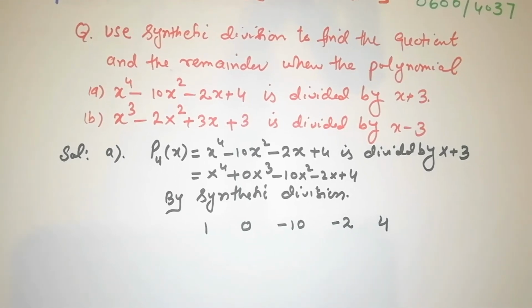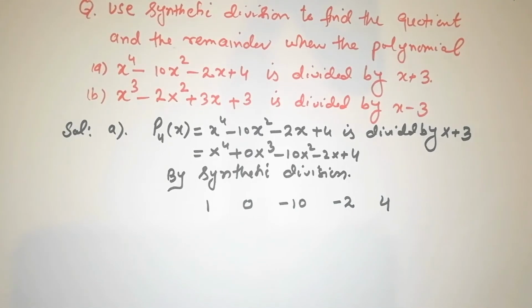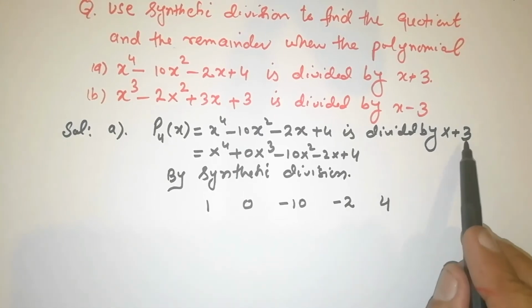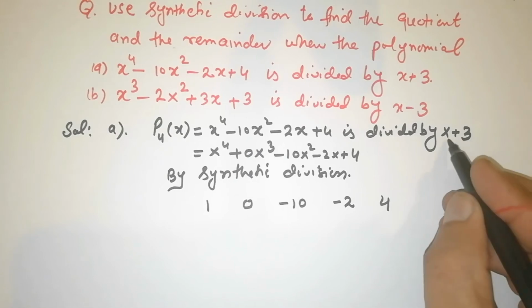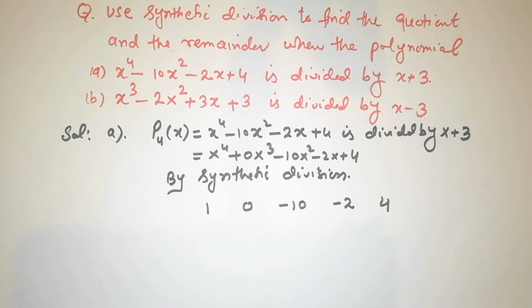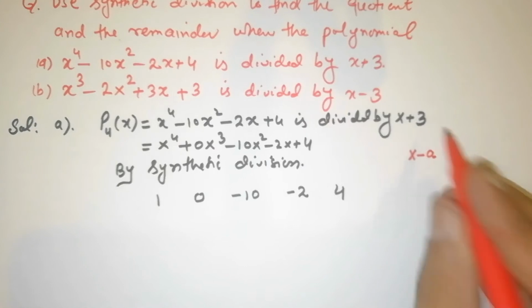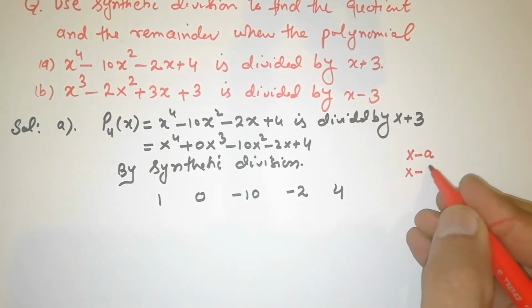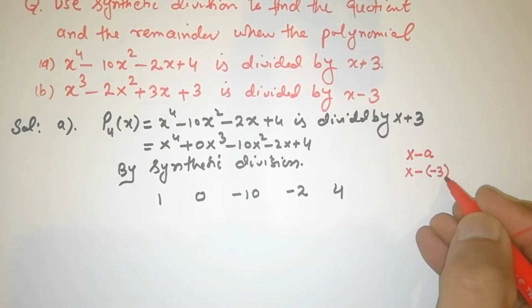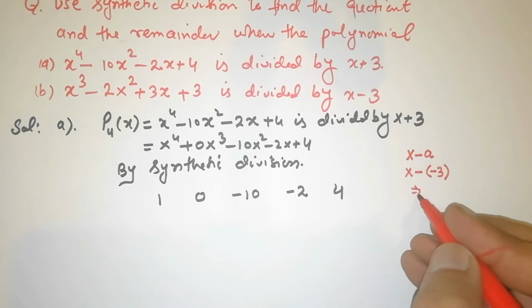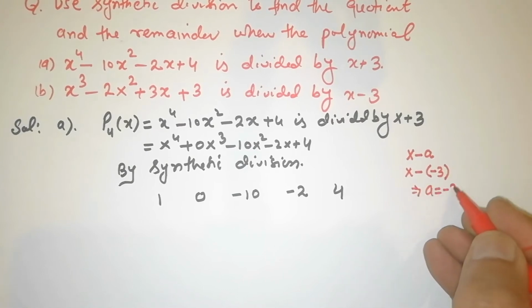This is our first line, and I said at the leftmost position we shall write the constant from here. So students, see here there is x plus 3, but in the theorem we have x minus a. Therefore this x plus 3 is x minus (minus 3). So you see here a is minus 3.